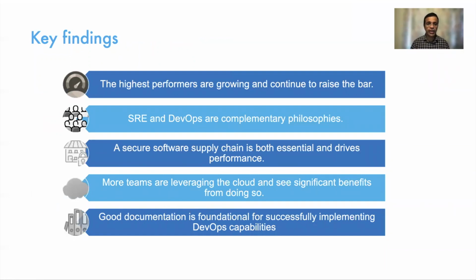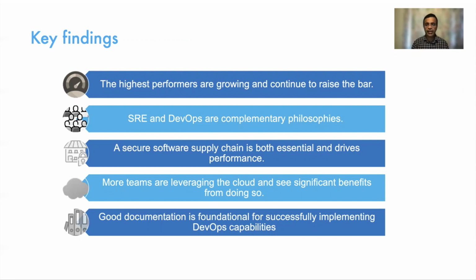First and foremost, it talks about the highest performers in DevOps. If you look at the likes of Google, Amazon, Facebook, the highest performers are raising the bar of the DevOps ecosystem. That's how they set an example, so that you can also learn from them and use a similar approach.